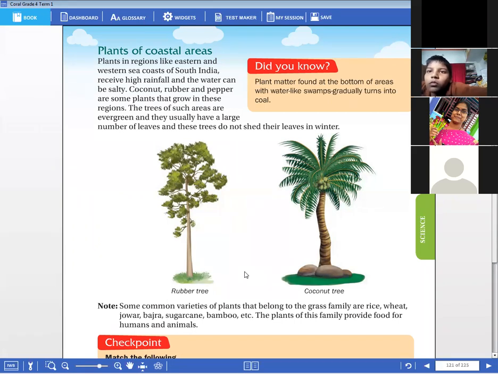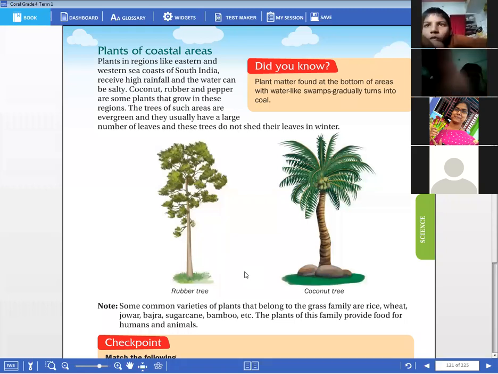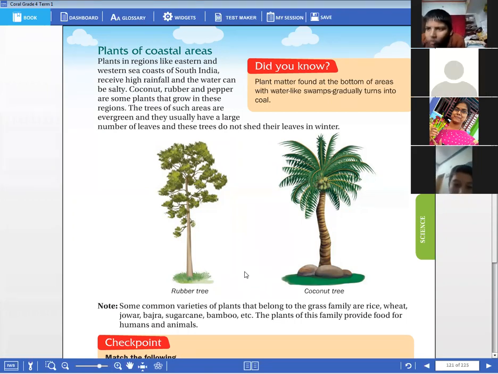Shed is nothing but fading or falling down during the winter season, and that's why they are always evergreen. Otherwise they would have to turn yellow or brown and fall down. But these trees won't turn into other colors. They are always evergreen and they do not shed in the winter seasons.